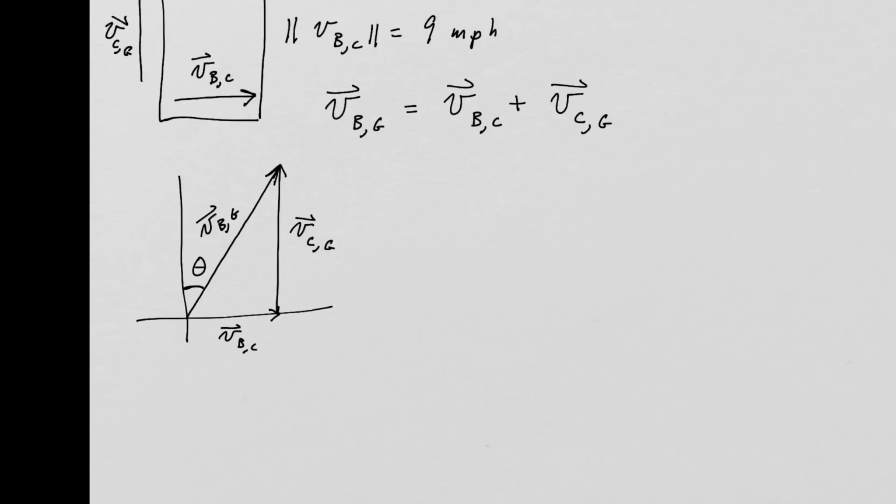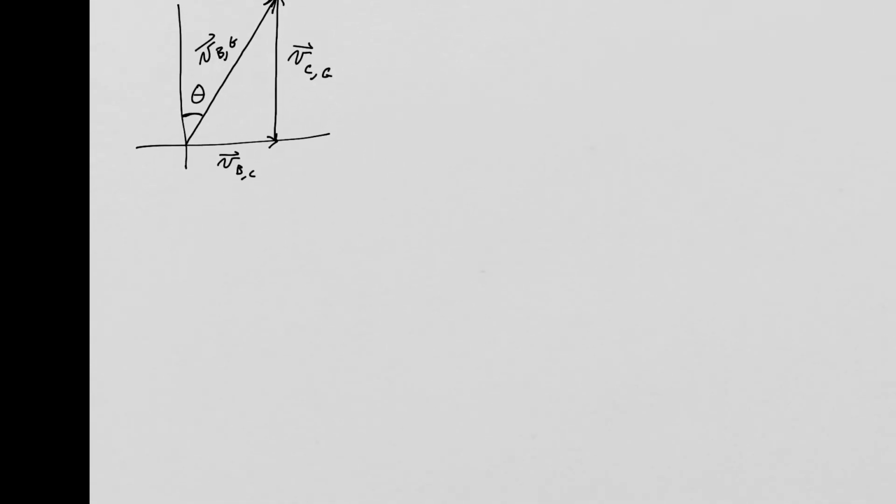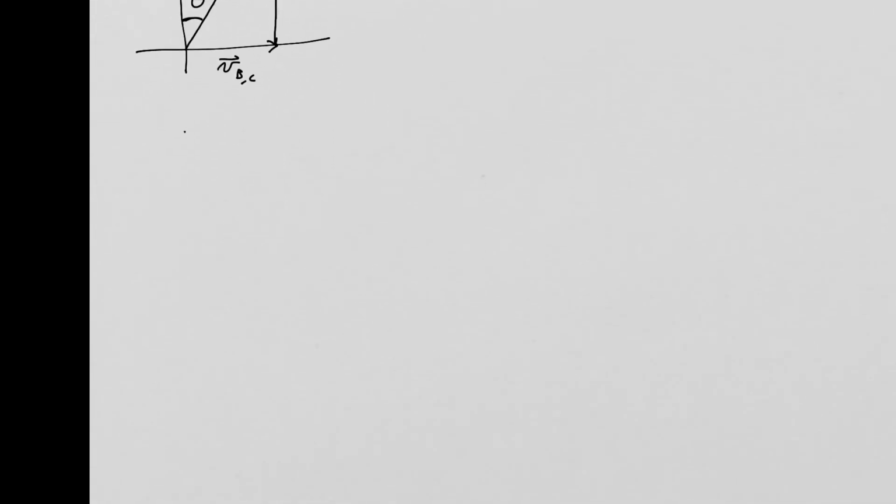Okay, so how do we do this? Well, I need to find the components, right? So let's start with the component of the velocity of the ball relative to the car. So I'll draw it separately. Well, that's easy. I'm assuming it's going to the right.